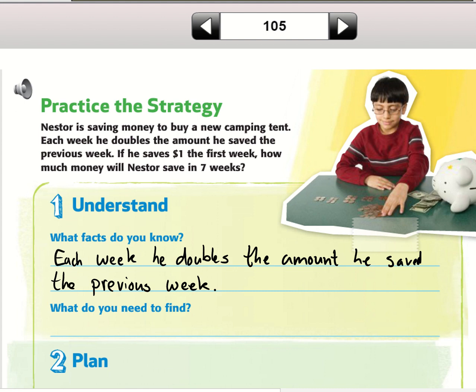And then if he saves $1 the first week, how much money will Nestor save in 7 weeks? So another thing we know is he saved $1 the first week.